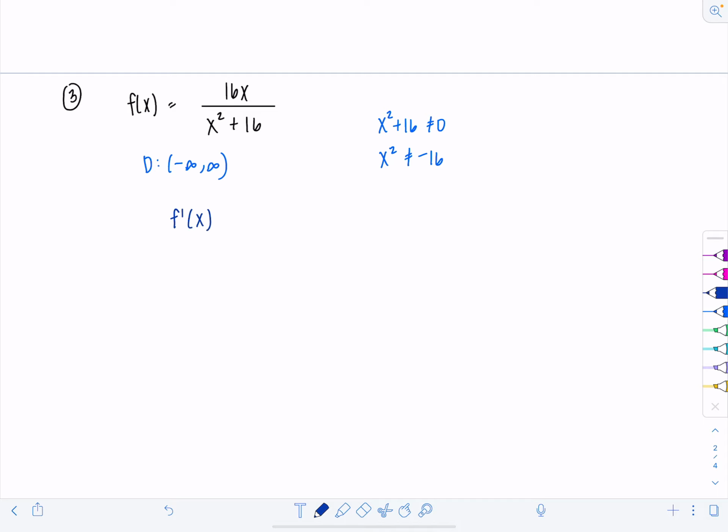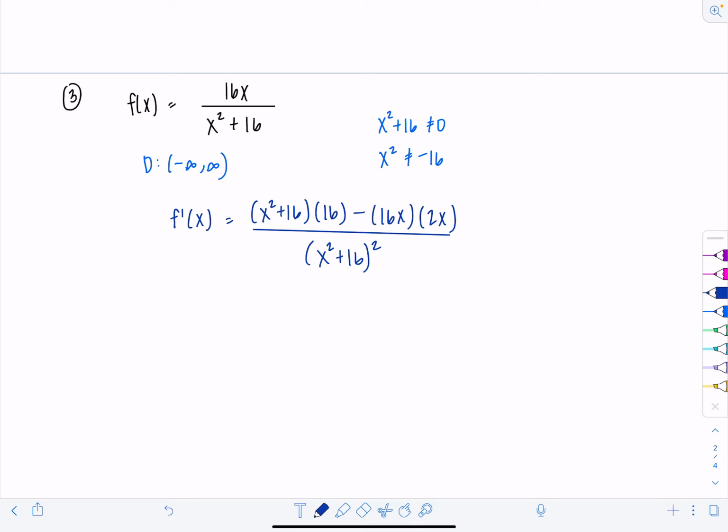So f prime of x is going to equal, looks like we got to use the quotient rule again. So we've got low, leave the denominator alone, d high, take the derivative of the numerator, minus high, d low, derivative of x squared plus 16 is 2x over low. So over x squared plus 16 squared.